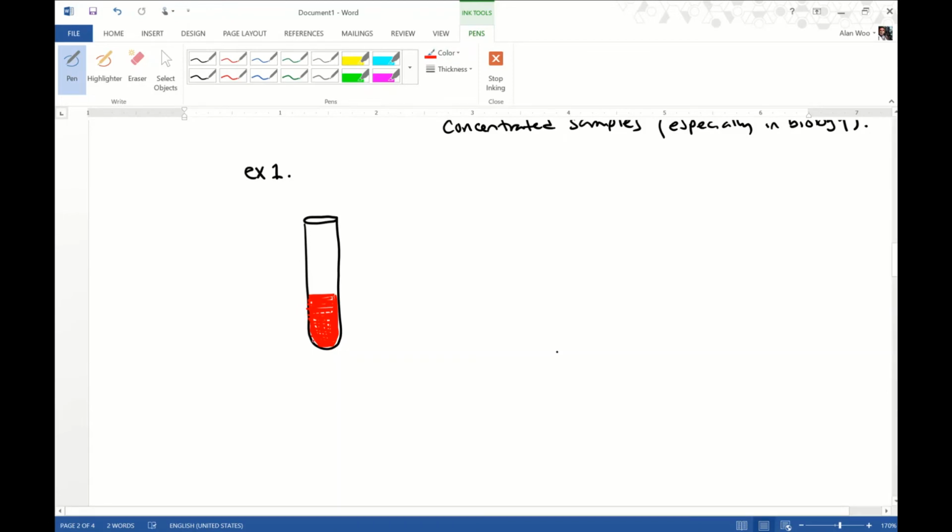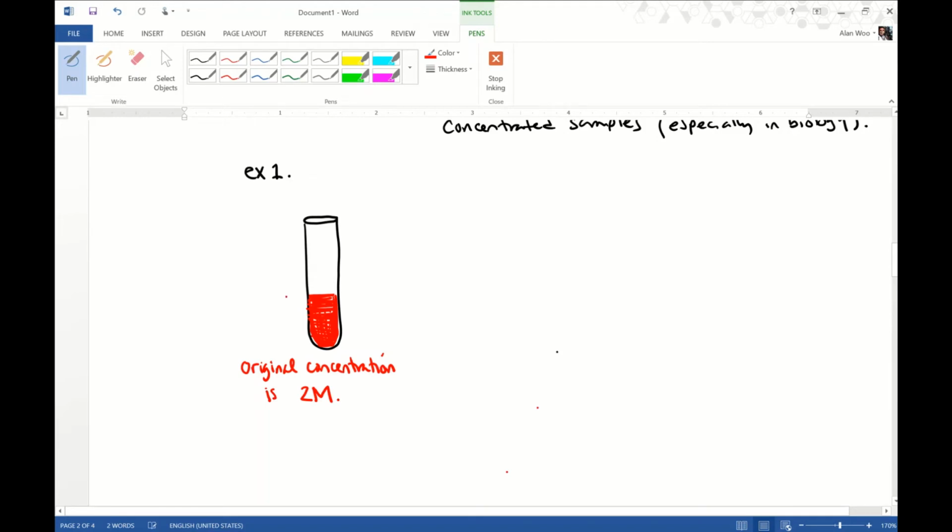I will say that the starting concentration or original concentration is 2 molarity. So whatever this red substance is, it has 2 molarity.